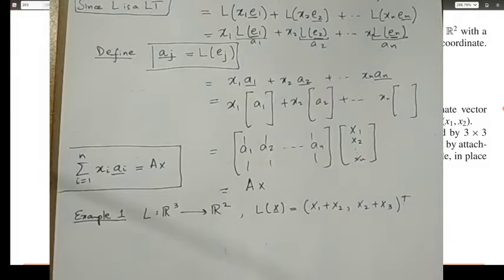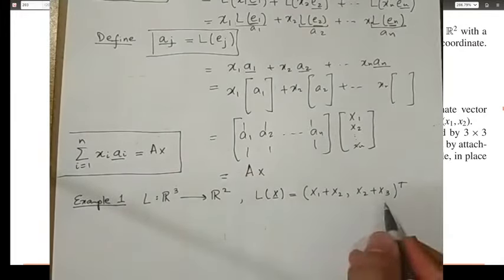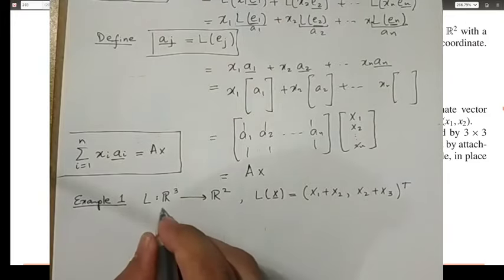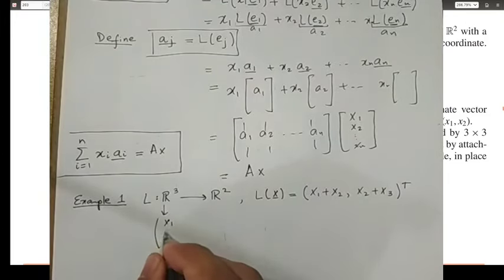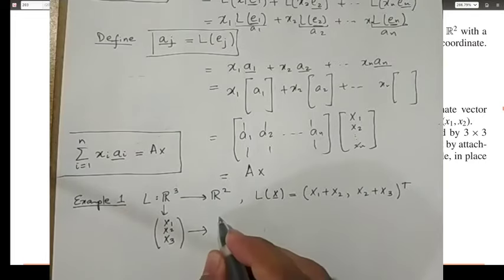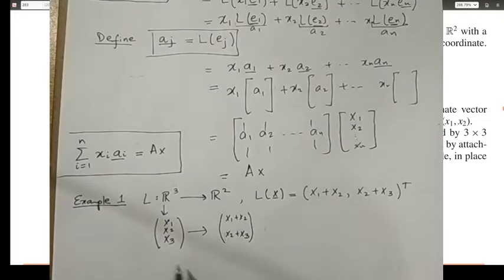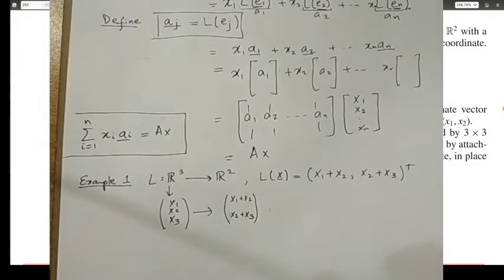So what this transformation is saying is that if you have a vector x1, x2, x3 in this space, it will become the vector x1 plus x2 and x2 plus x3. So this 3 vector will become a 2 vector.